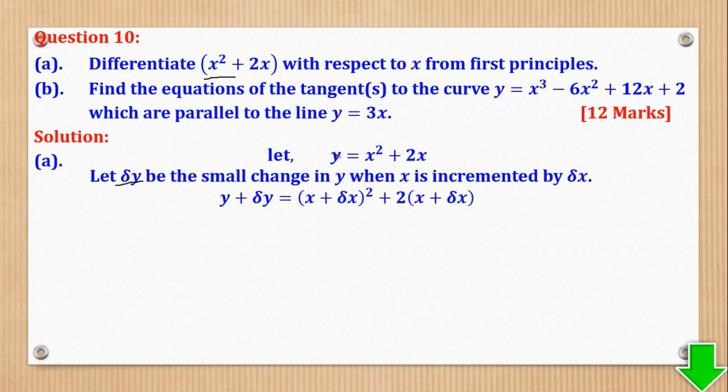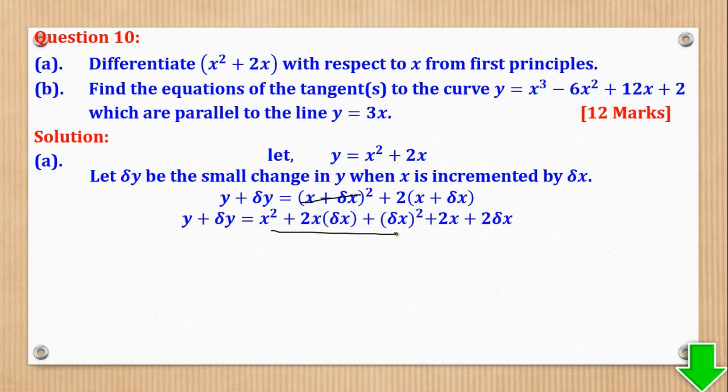That means that when I put small change in y here, I also have to add small change in x here and here. Then expand this to come up with this. Then from there, I remember that y is equal to this, so this y will go with this and that, to remain with small change in y, this, and that.